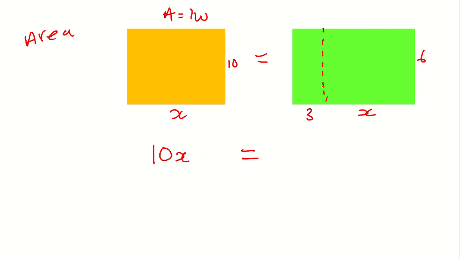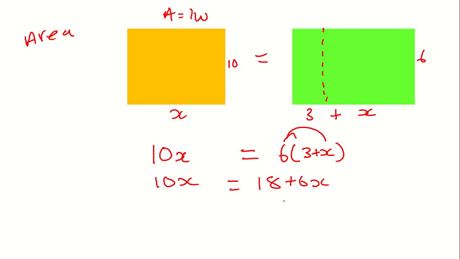The green shape, first I have to work out what the length is, so add them together, and then times by 6. So 6 multiply 3 plus x. Now I can solve, expand the bracket, 10x equals 18 plus 6x. Now I'm going to bring the 6x over, so minus 6x from both sides.